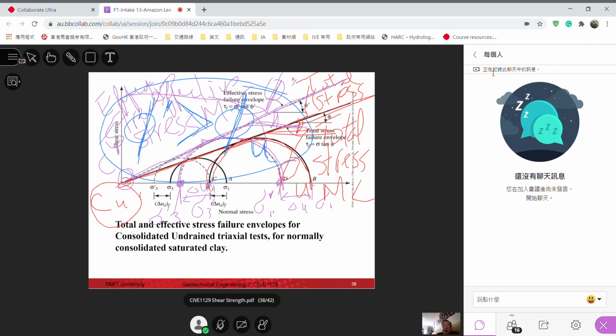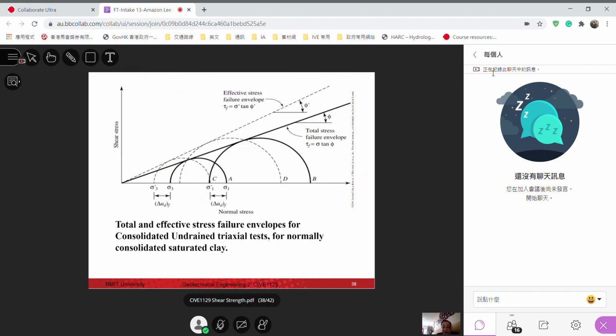Theoretically, the angle of friction under drained condition must be larger than under undrained condition, because if you have water lubricating the soil particles, the friction must be low. If you don't have water lubricating the frictional interface of the soil particles, the friction must be high. As simple as that. So the result reflects that, but just remember that.